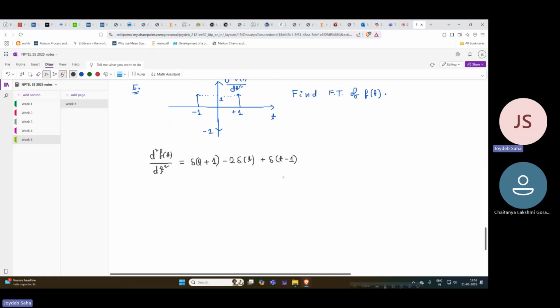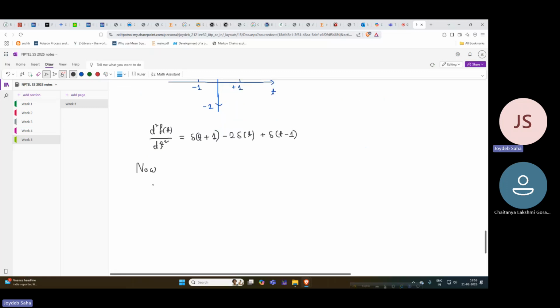Okay, so this is d2f(t)/dt2. Now how can we get the Fourier transform of this? It is a little bit lengthy problem, so keep patience.